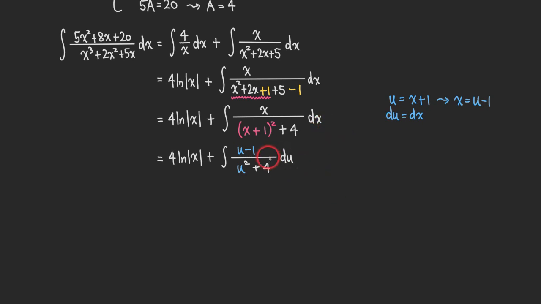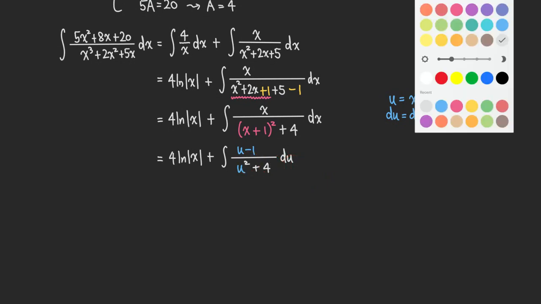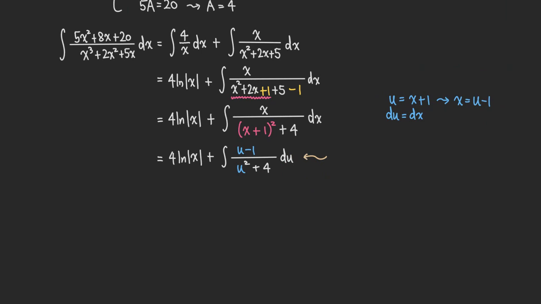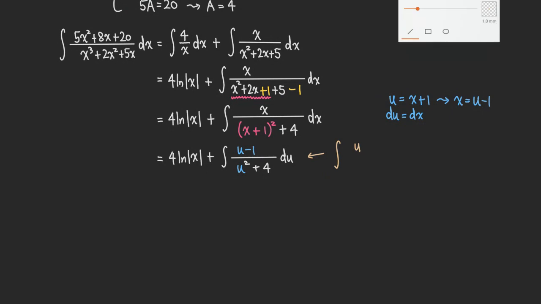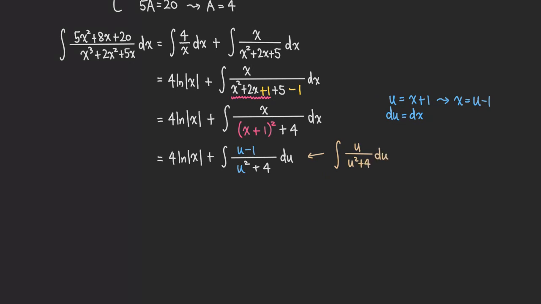And then it would actually be a good idea to split this integral into two, right? So if you do that on the side, this integral actually is the integral of u over u squared plus 4 du, minus the integral of 1 over u squared plus 4 du.